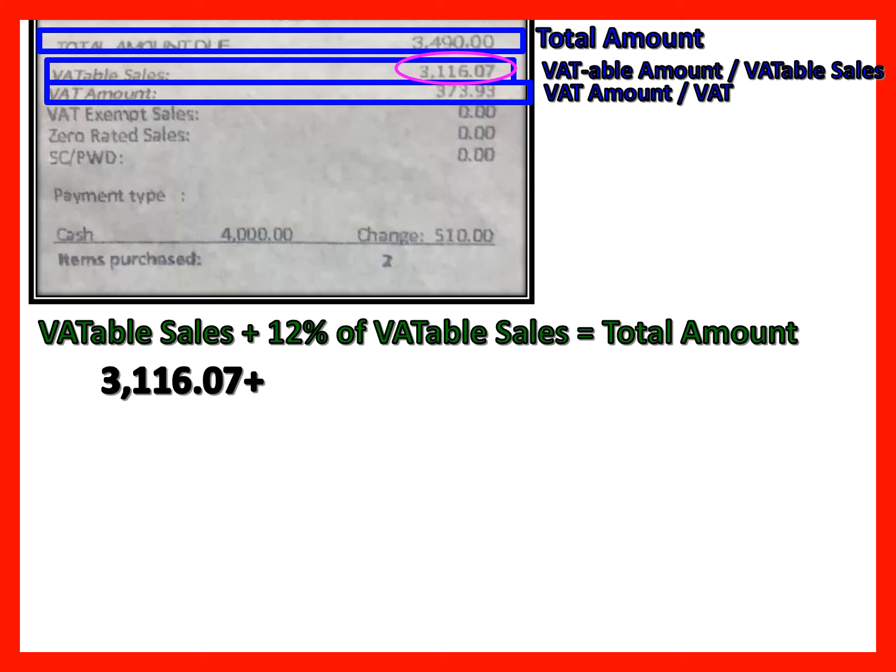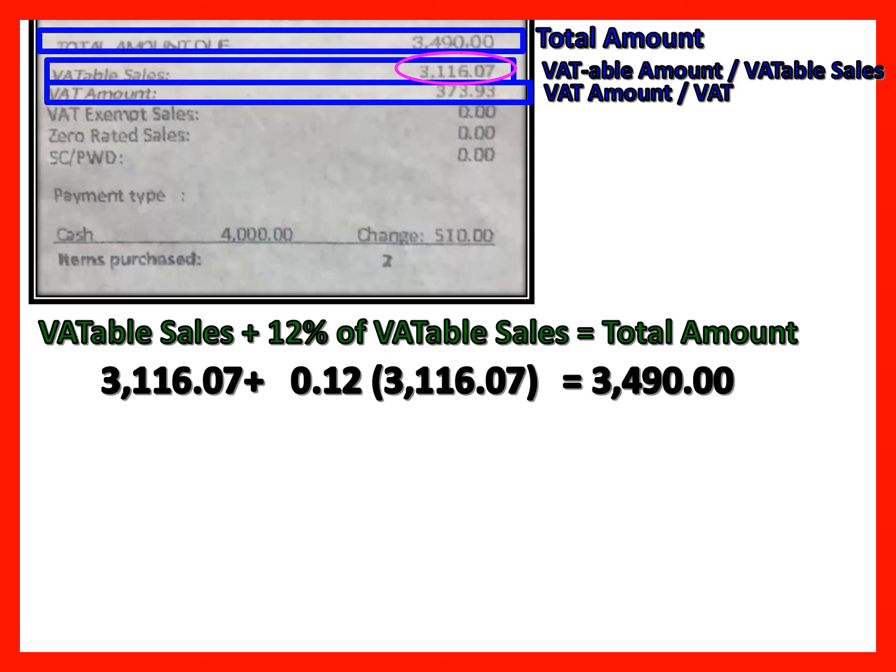Okay? Plus the 12%, or 12 hundredths in decimal, multiplied by 3,116 pesos and 7 centavos equals the total amount, that is 3,490 pesos.